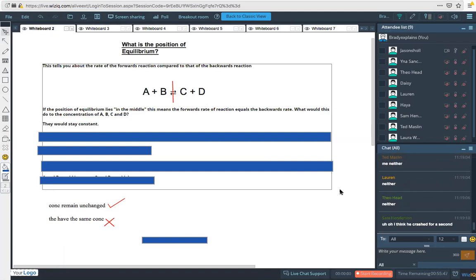Can you hear me again? This computer is like possessed by Satan. Excellent, okay, cool.